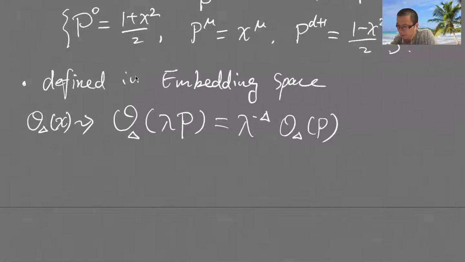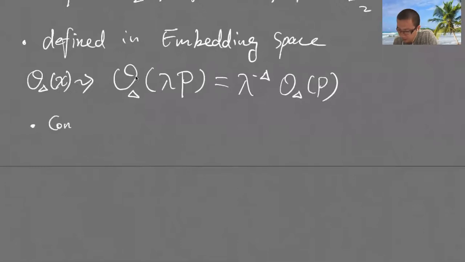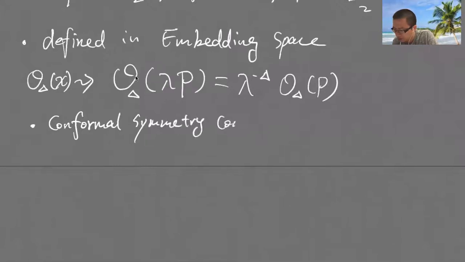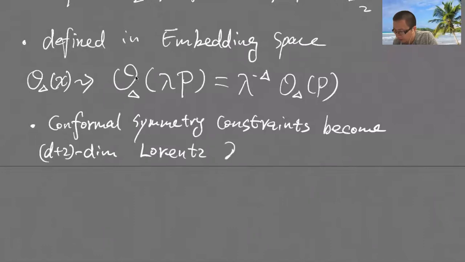And with this setup, the conformal symmetry constraints become D+2 dimensional Lorentz symmetry plus this homogeneity condition.